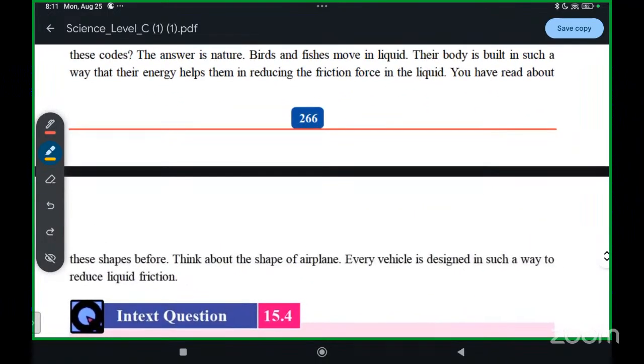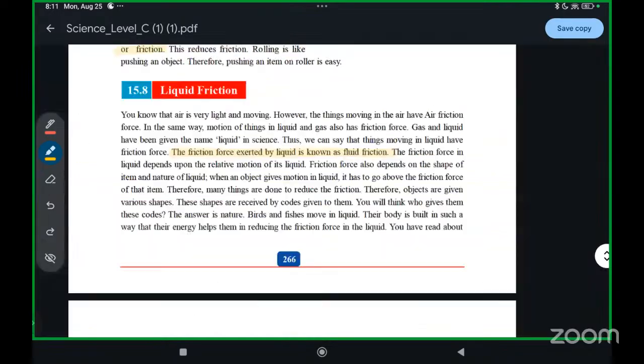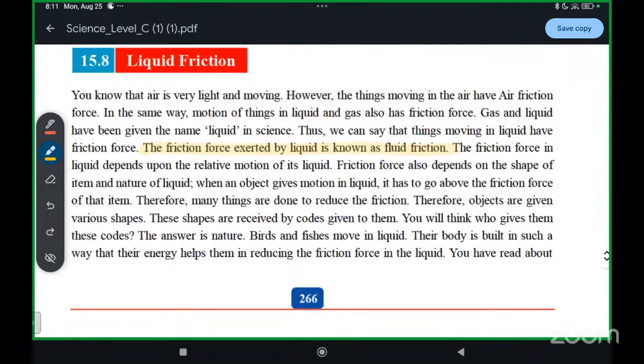Now, firstly, we'll talk about the things on which the friction force of liquid depends. We have the relative motion of the liquid, which means its motion in comparison to the other object.